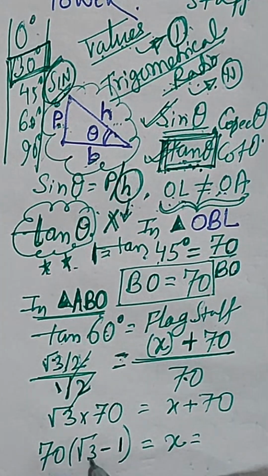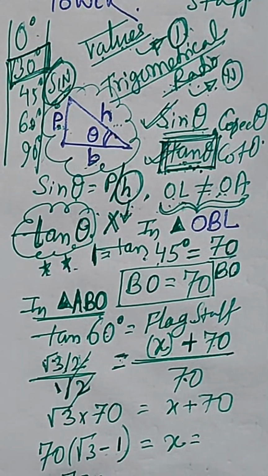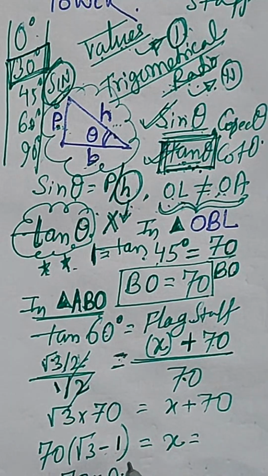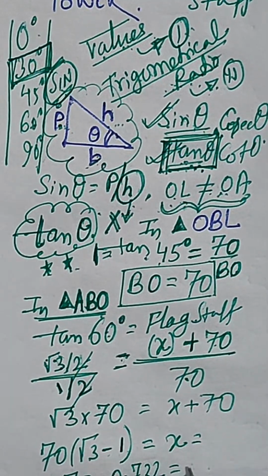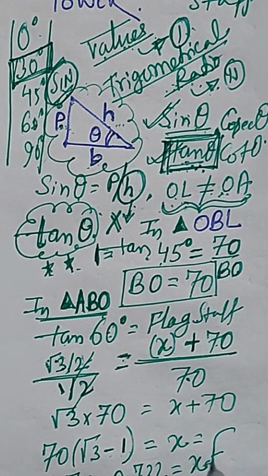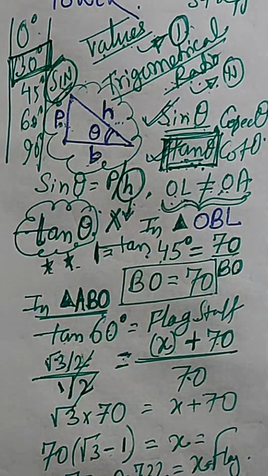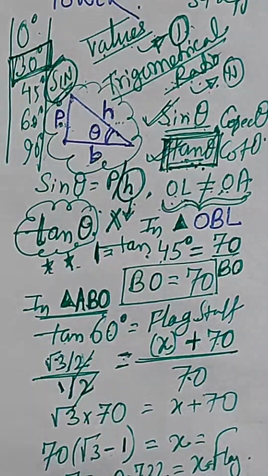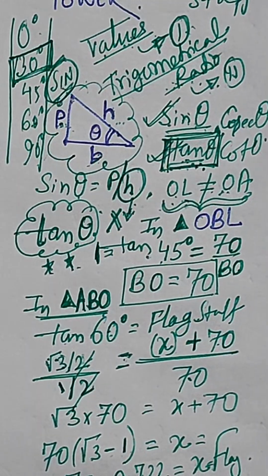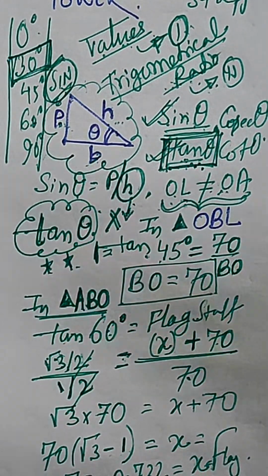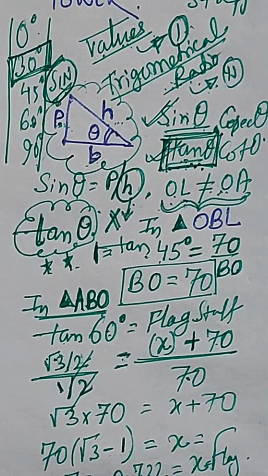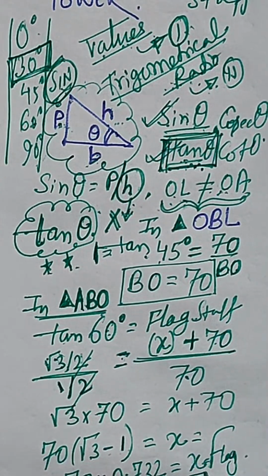You know the value of root 3, 1.732 minus 1. So 70 into 0.732 will give you the height of the flag staff, right?